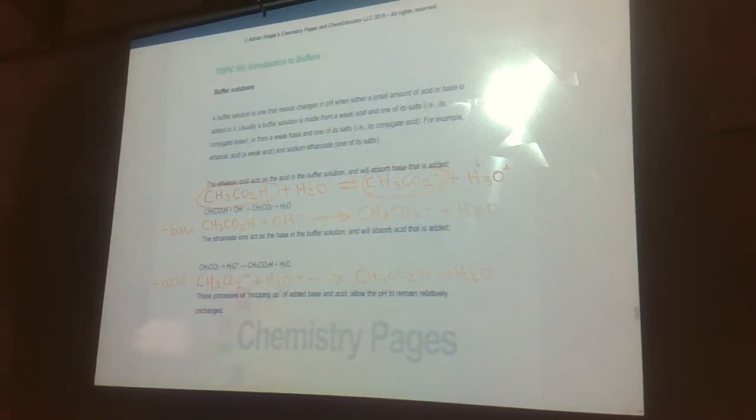All that same solution, you can add acid or base, and the pH doesn't change very much. Water is not a good buffer. You add acid to water, it immediately plummets in pH because it doesn't mop anything up. You add base to water, the pH immediately rises. Buffers keep changes in pH from happening.